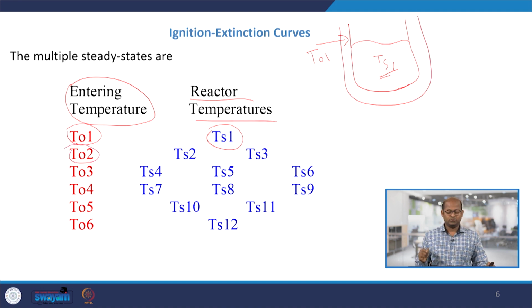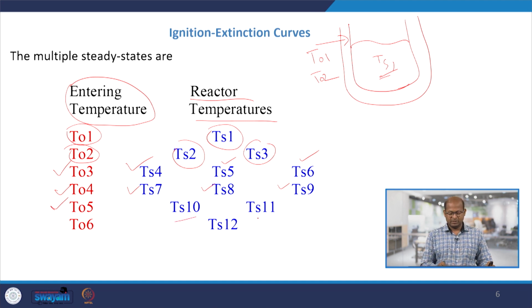When T02 is the feed inlet temperature, there are two different steady state temperatures, TS2 and TS3. Similarly for T03 there are also three different steady state temperatures, and for T04, TS7, TS8, TS9, three different steady state temperature possibilities. When T05, TS10 and TS11 are the steady state reactor temperature possibilities, and for T06, TS12 is the steady state temperature under which we can operate the reactor.